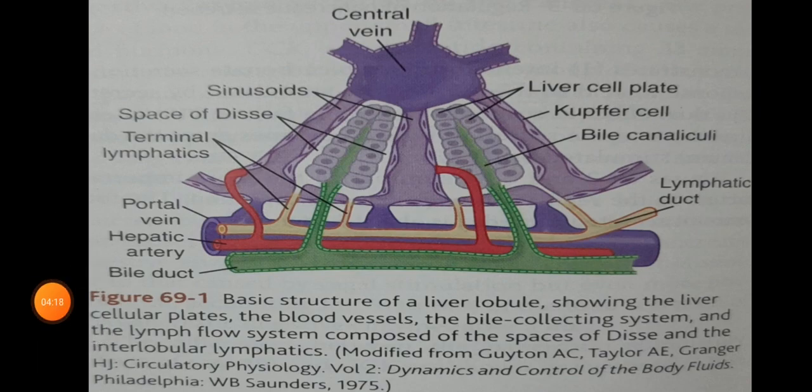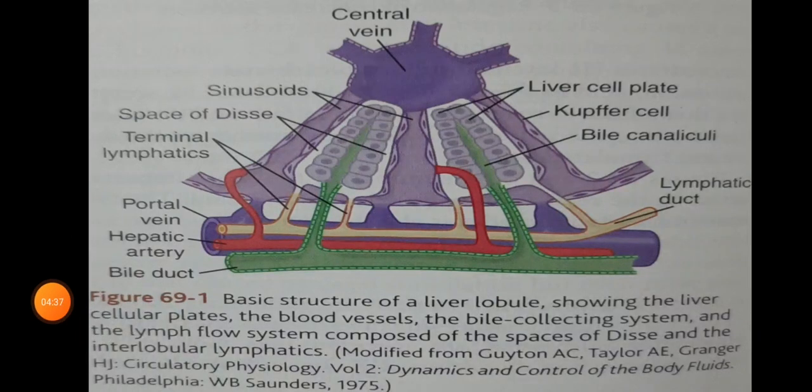Thus, the hepatic cells are exposed continuously to the portal venous blood.